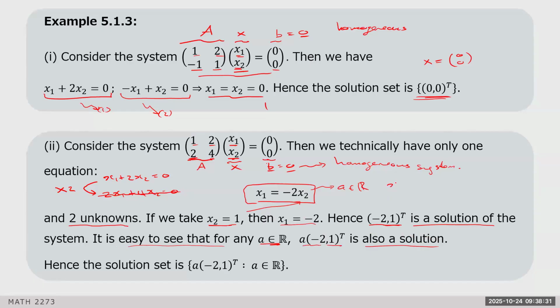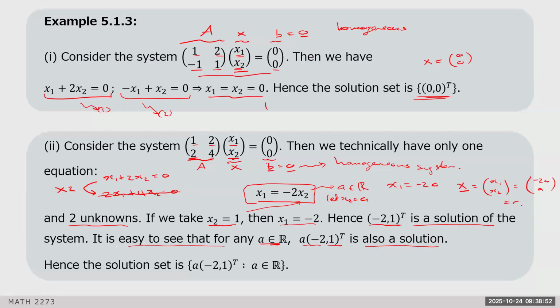So if I let x2 be some free variable a, then x1 is equal to minus 2 times a. Therefore, the solution vector is (x1, x2). What is x1? Minus 2a. What is x2? a.